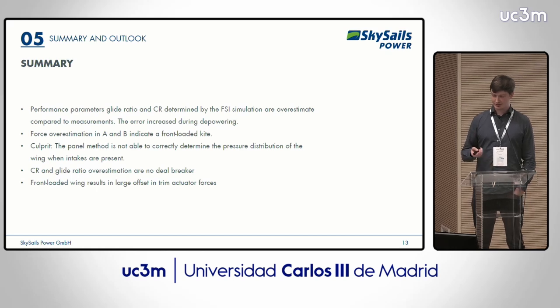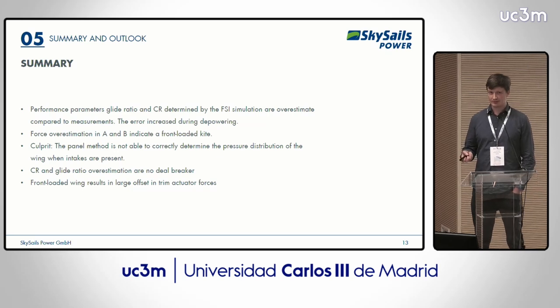But as I showed, the result is overestimating, and the error is also increasing for a depowered kite. And the forces in A and B, I mentioned this like 3 times already, are overestimated, front-loaded. And now, finally coming to the culprit of this whole issue, it is probably the panel method.